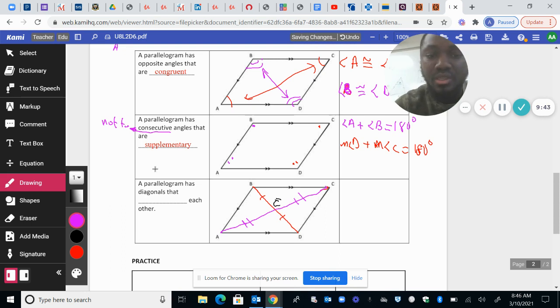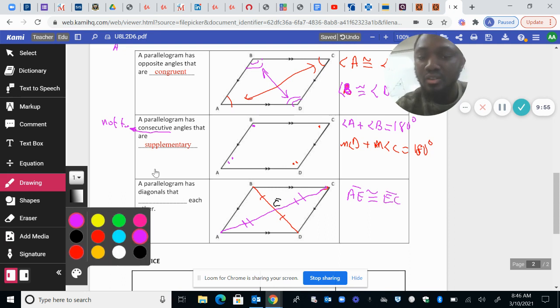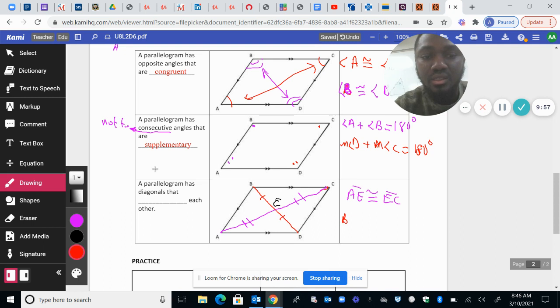So we're going to say AE is congruent to EC, and also BE congruent to ED, meaning a parallelogram has diagonals that bisect each other.